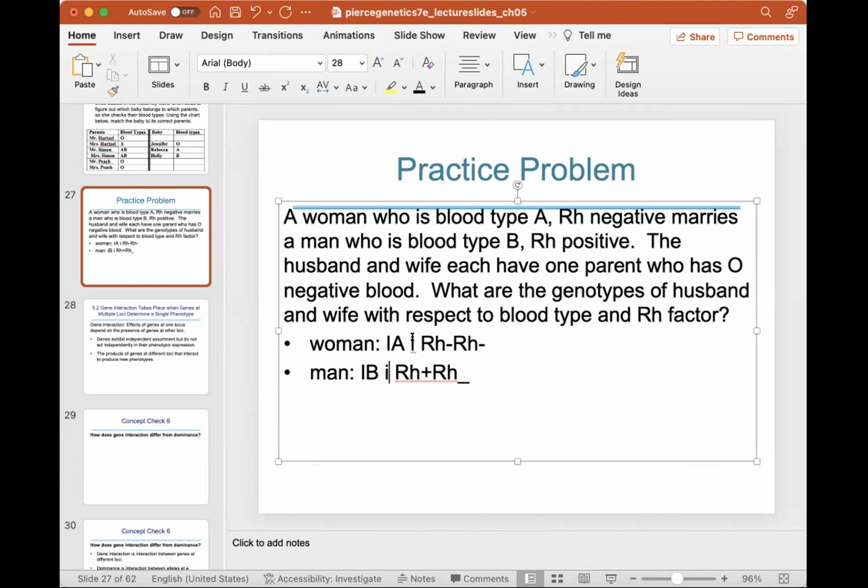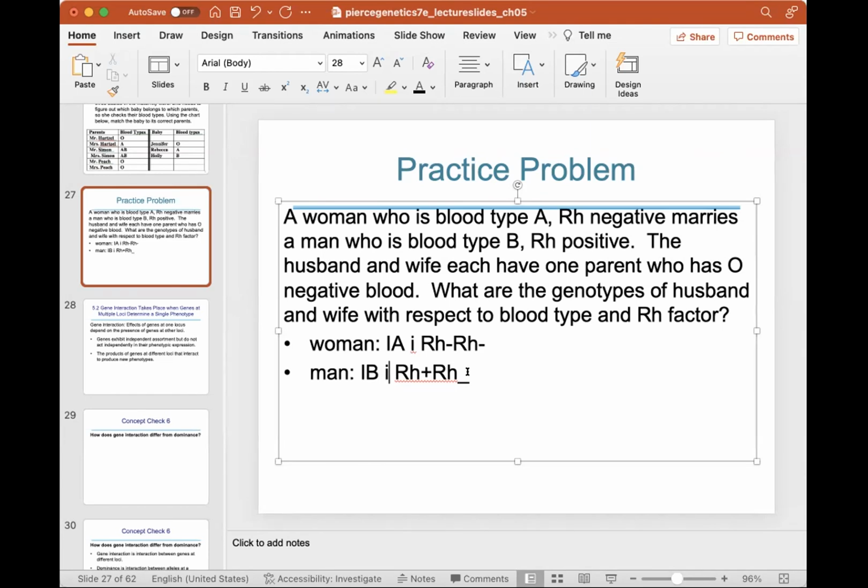All right, so because each one had a parent with O negative, they're each gonna have one allele that represents O. And Carla, yeah, basically you have to know that RH negative is recessive. But if you encounter this on the exam, now you will know that RH negative is recessive.